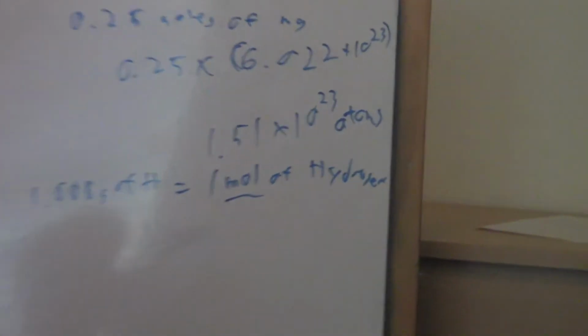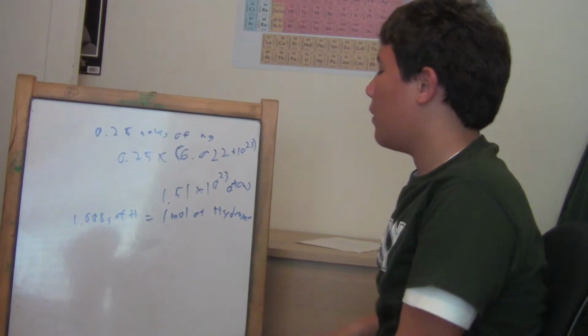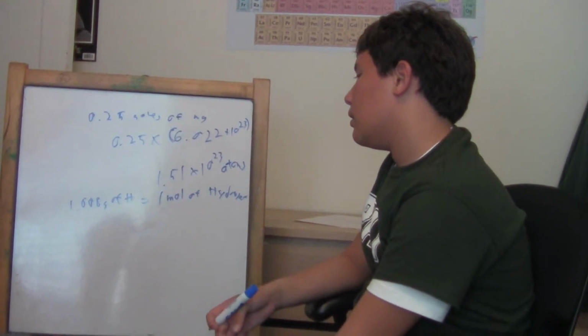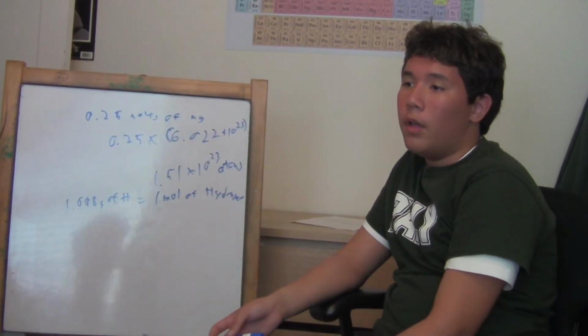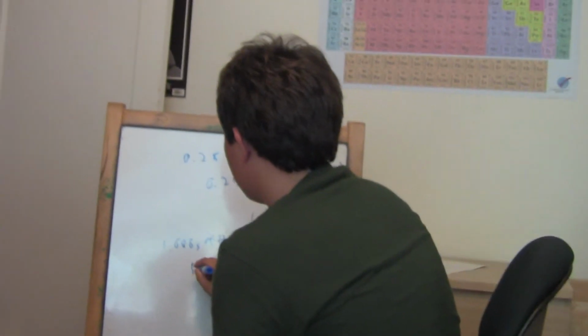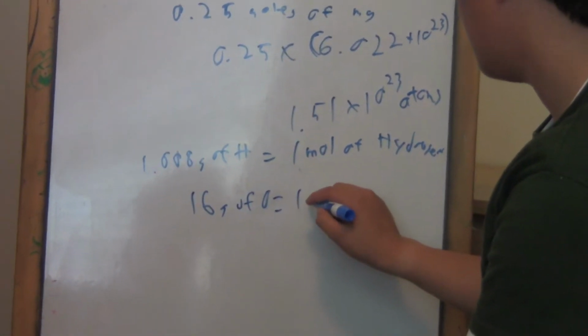And as a clarification note, this is not an abbreviation of molecules. Be mindful of that. It's just a short way of saying mole because I'm just too lazy to write out moles. But anyways, back to what I was saying. 1.008 grams of hydrogen is 1 mole. The same goes for oxygen, which is 16 atomic mass units, which can be translated into 16 grams, and in the end, also translates to 1 mole.